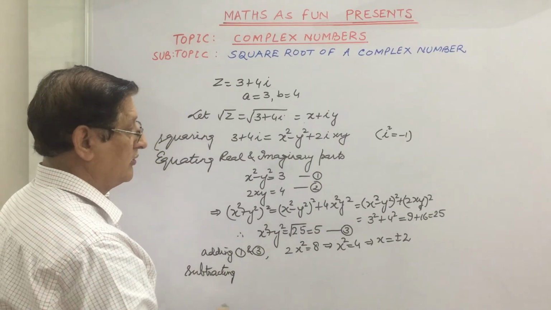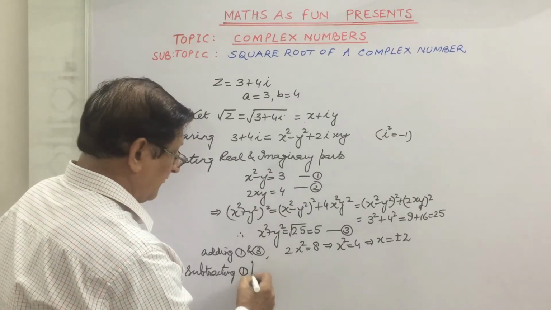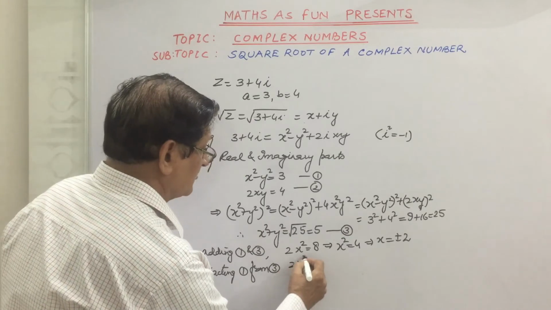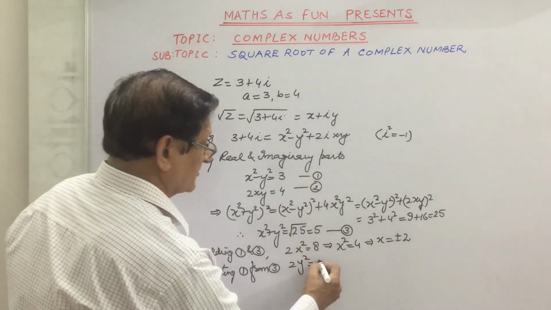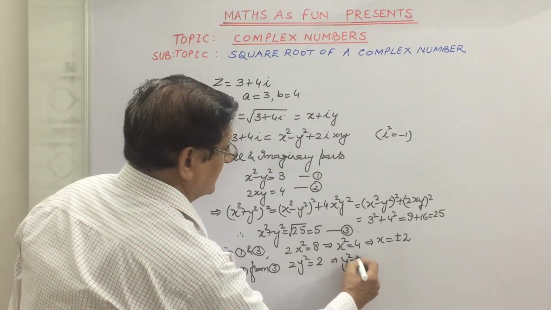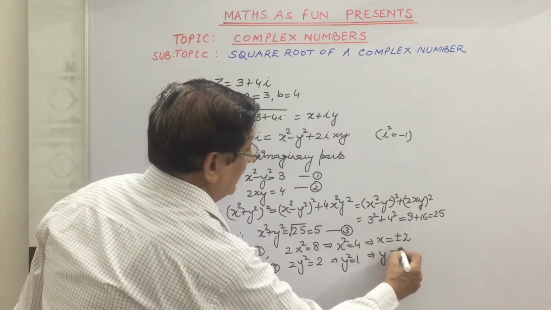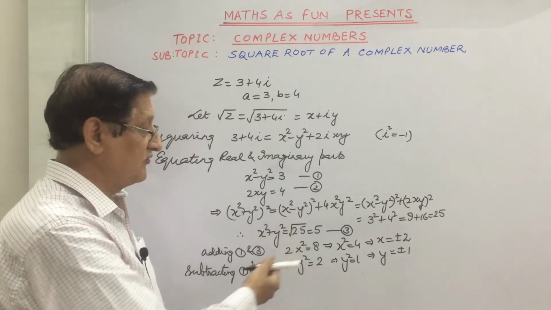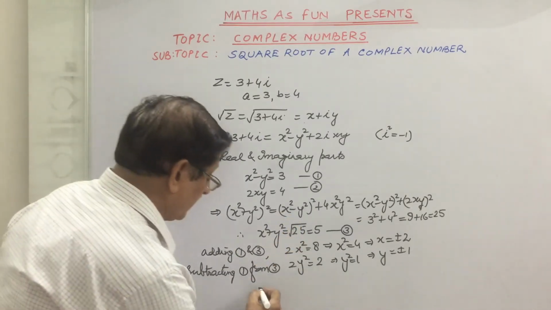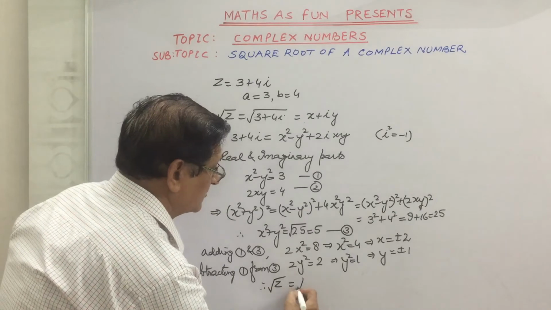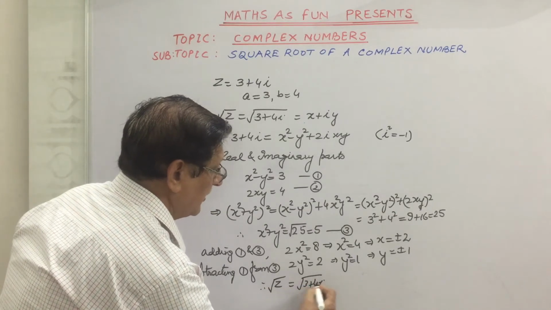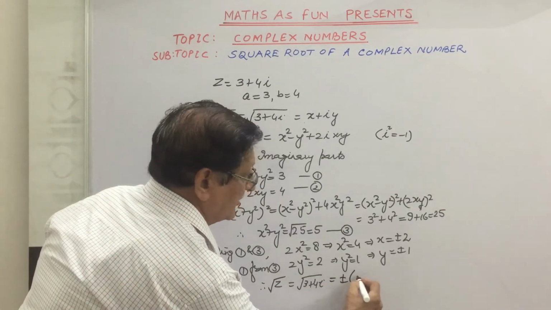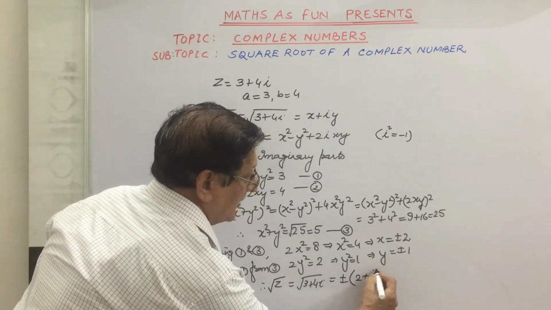Subtracting 1 from 3, we will have 2y square is equal to 5 minus 3, that is 2. It means y square is equal to 1, or we can say y is equal to plus minus 1. We got the value of x, we got the value of y. Therefore, can we write that root of z, that is root of 3 plus 4 iota, is equal to plus minus 2 plus iota or not?